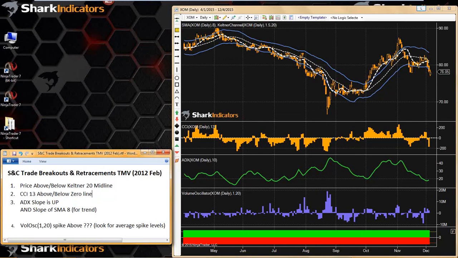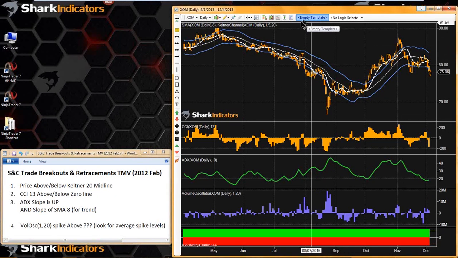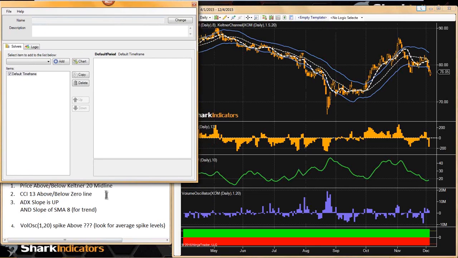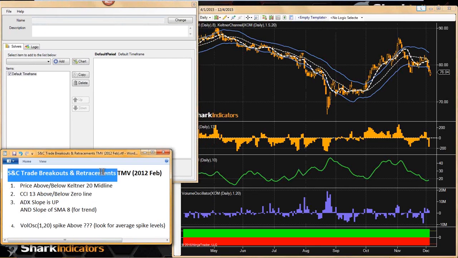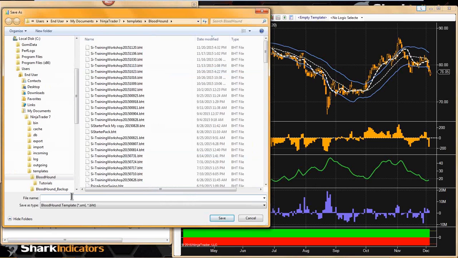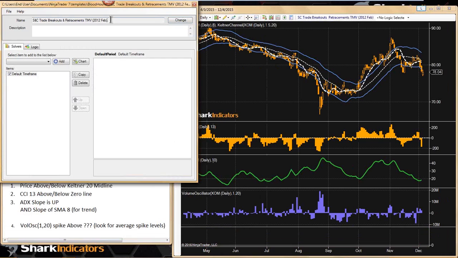So just to give you some feedback there on those three rules. Let's get started. I'll open up BloodHound here. And let's give this a name. I'm just going to copy that for the name. Paste that name in there. All right, there's our system name. And we'll put some notes in here this time.